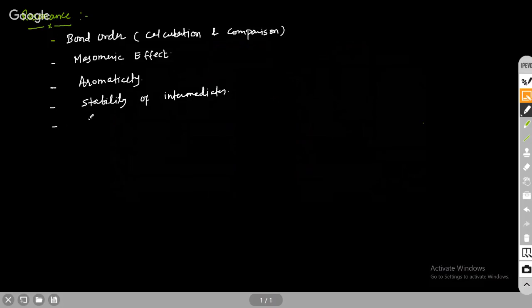And the last one here is heat of hydrogenation or heat of combustion. So today, by the end of this chapter, you will be able to solve questions related to all these topics easily. That is for sure.